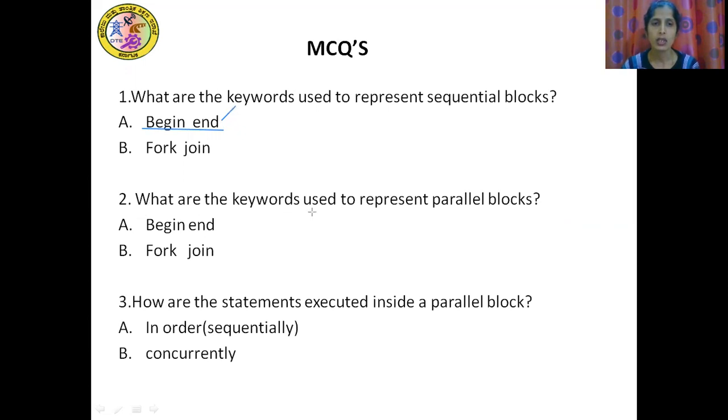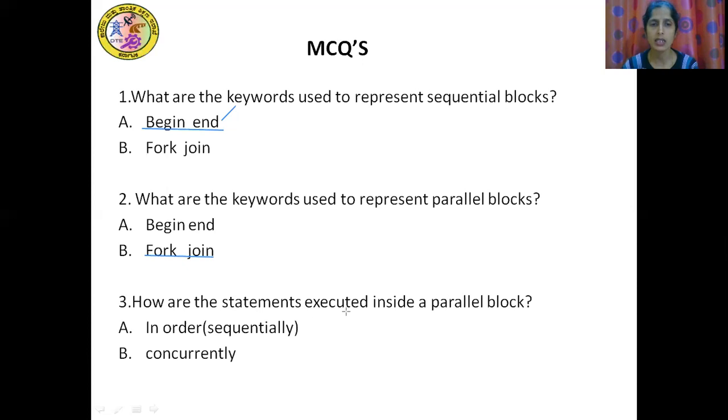Second question is, what are the keywords used to represent a parallel block? As a first option, begin end, or fork and join. We know that the parallel blocks are enclosed within the keywords fork and join.